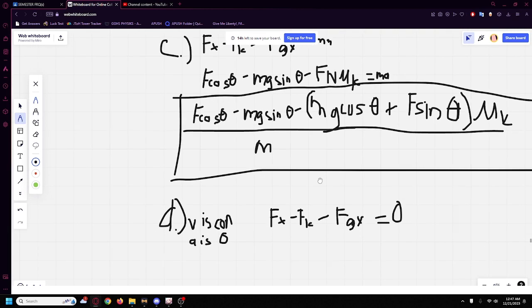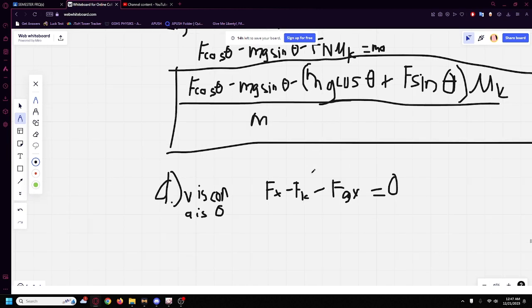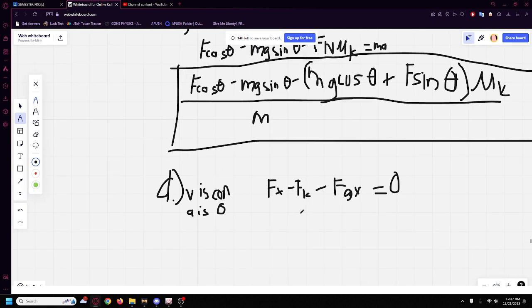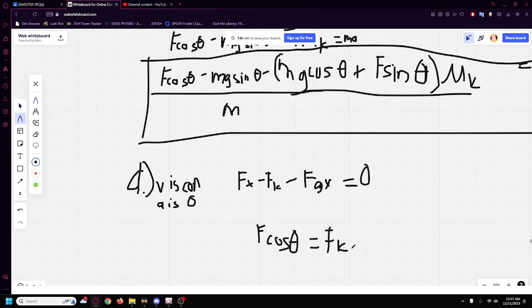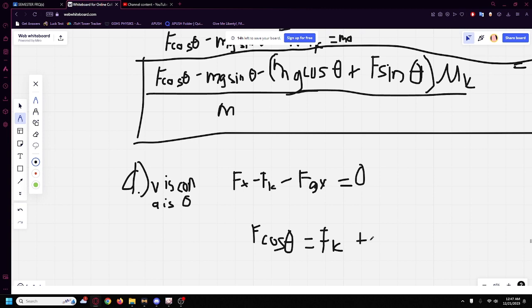And that means that F_x, which is F cosine theta, is equal to F_k plus mg sine theta.